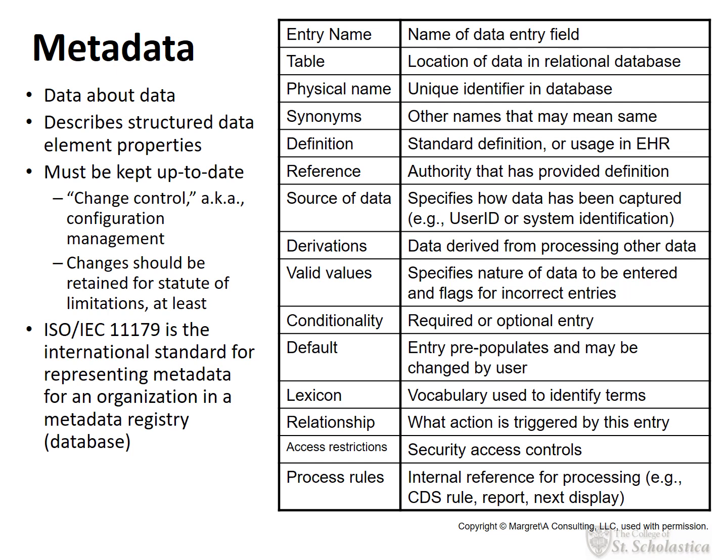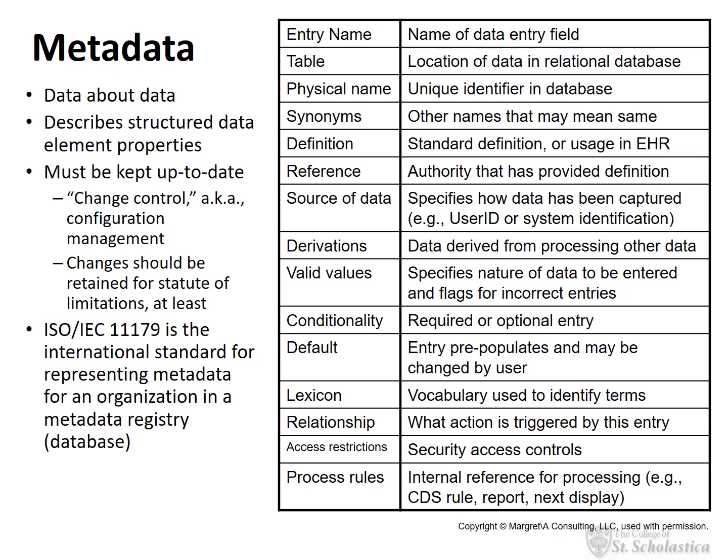For example, there will be an entry name, which is the name of the data entry field. It might be patient name, for example. Table is the location of data in a relational database where there are many tables relating to one another. This would be identified in your data modeling and information modeling. Physical name is a unique identifier in a database. Synonyms may be other names that may mean the same thing.